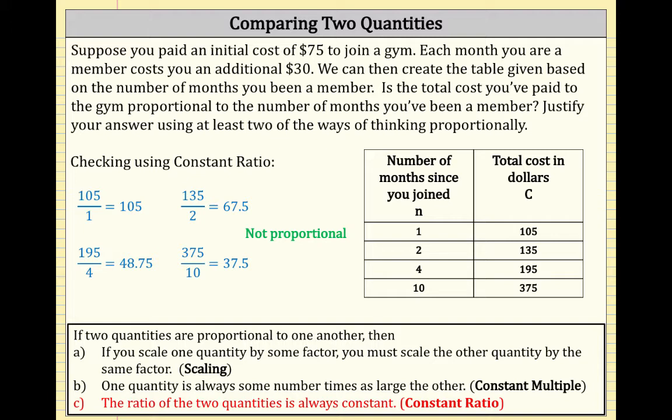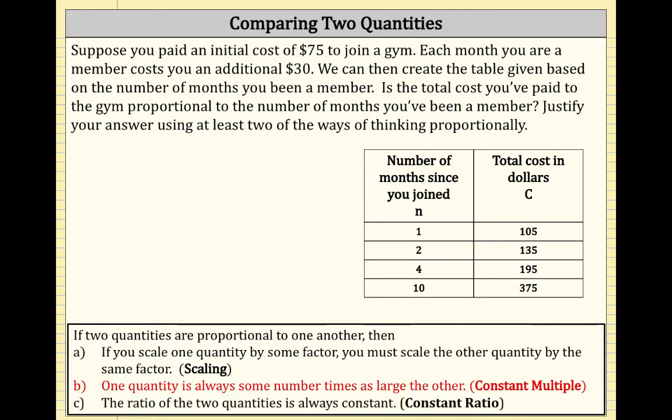We think we'll come up with the same conclusion using another perspective, and the question does ask us to use at least two ways. So let's look at another way to do this. Let's look at the constant multiple perspective. Using the constant multiple perspective, we're saying 1 times what is 105? The answer is 105.